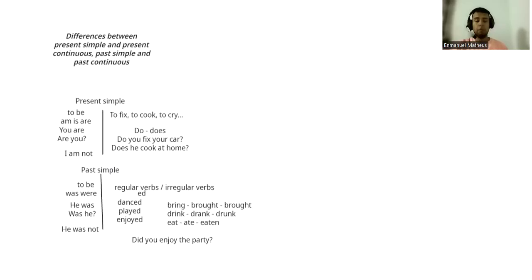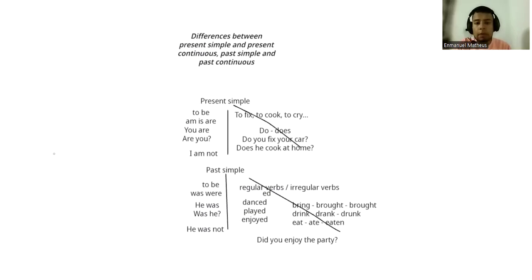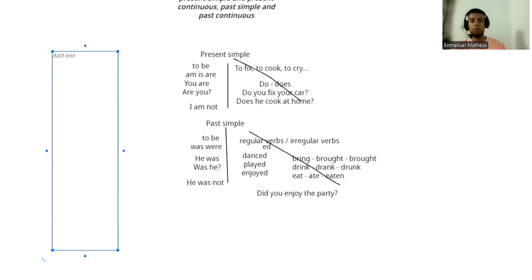For present continuous, we use the verb to be plus the next verb with ing.